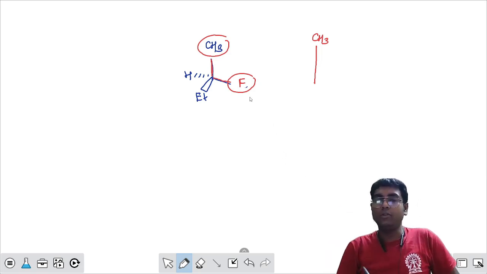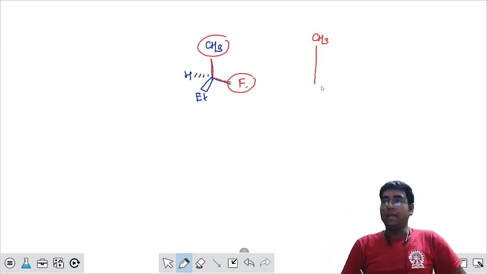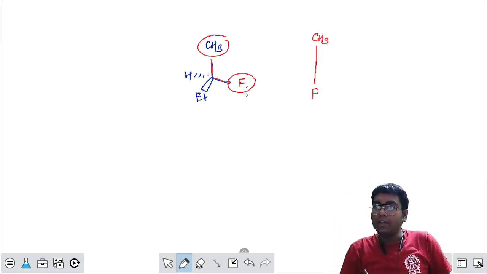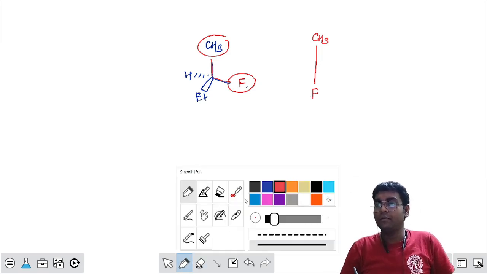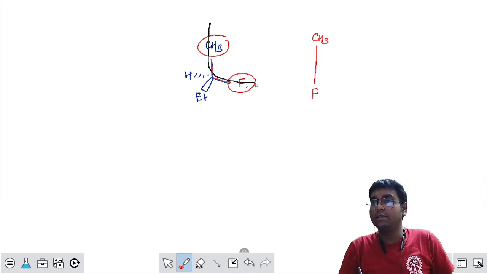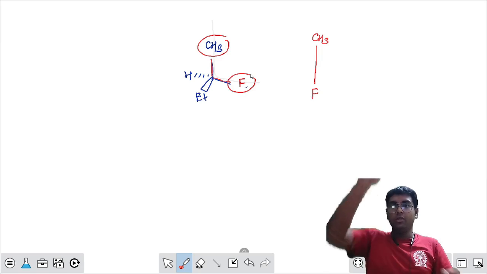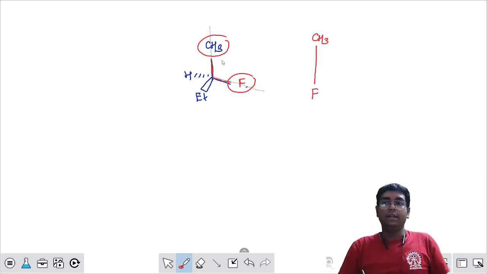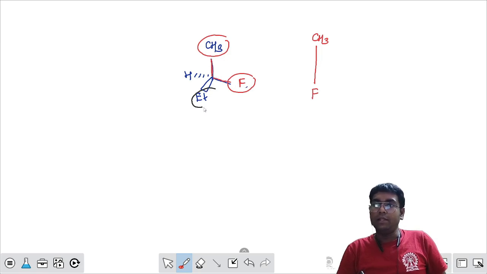We have to look at the on-the-plane atoms, and we have to make them linear. Now if I try to make it linear, we have to think this way. You can see this C-CH3 and C-F, we have to make linear, and for that, these two substituents, above and below the plane, are on the left hand side.